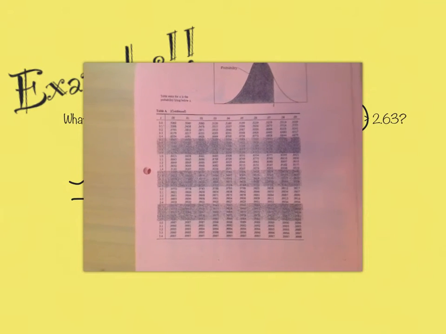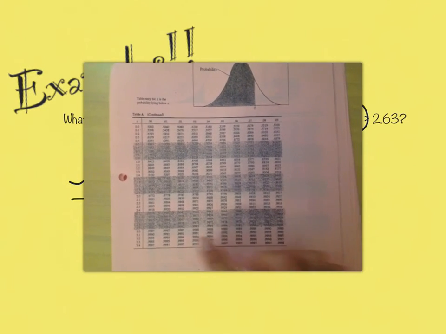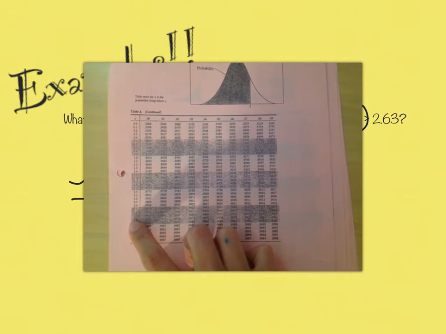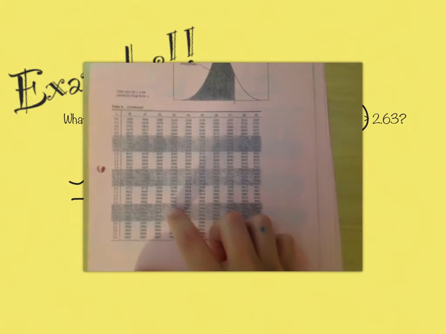Next, you're going to have to go to your pink packet, and to find 2.63, you go here, 2.6, and 3.